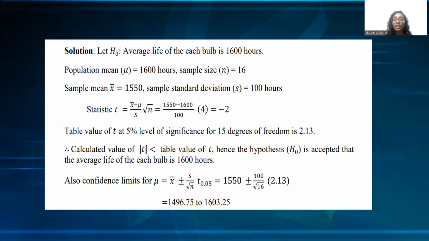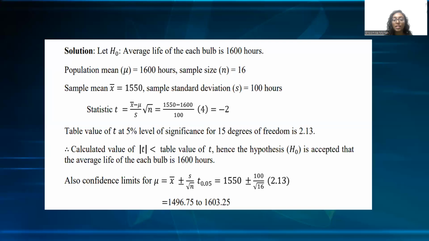Solution. Let H0 be average life of each bulb is 1600 hours. Population mean, that is mu, equals 1600 hours and sample size n equals 16. Sample mean x bar equals 1550, sample standard deviation s equals 100 hours.